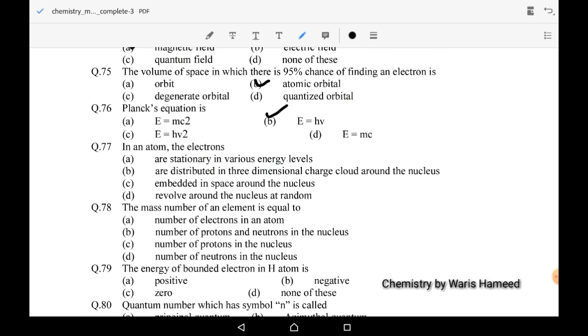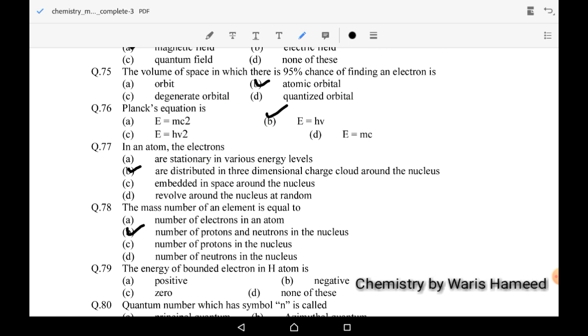In an atom, the electrons are distributed in three-dimensional charge cloud around the nucleus. The number of an element is equal to... actually, it's mass number, and it is equal to number of protons and number of neutrons in nucleus. So B option is correct.